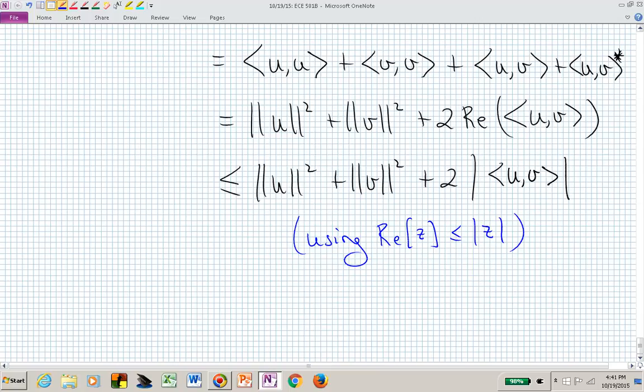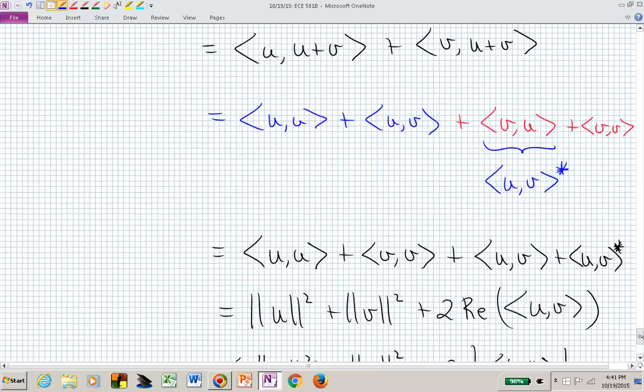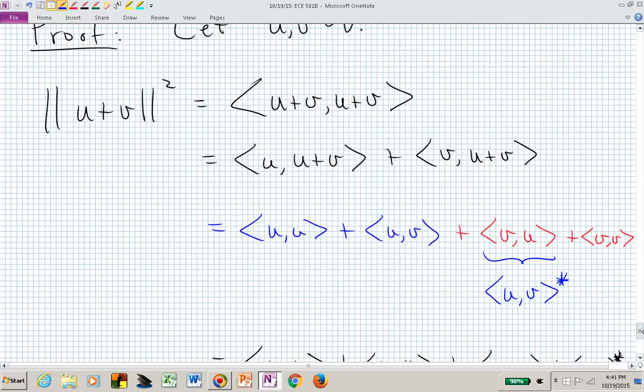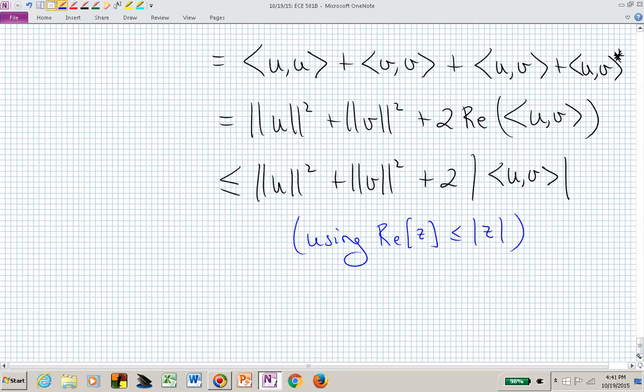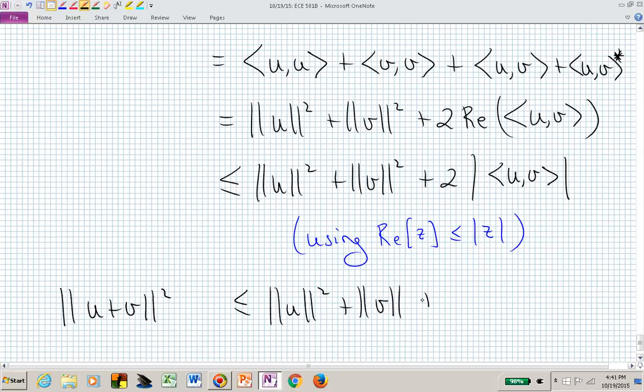Let's then insert another less than or equal to, so that what did we start with on the left? On the left, way up there, was the norm squared of u plus v. Let's go ahead and write that down. We now have the norm squared of u plus v. That's less than or equal to the norm of u squared plus the norm of v squared plus 2 times the norm of u times the norm of v.